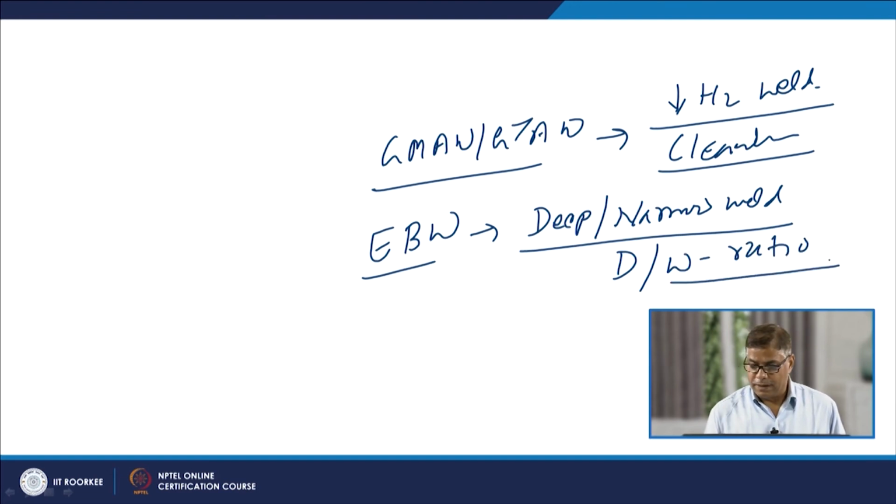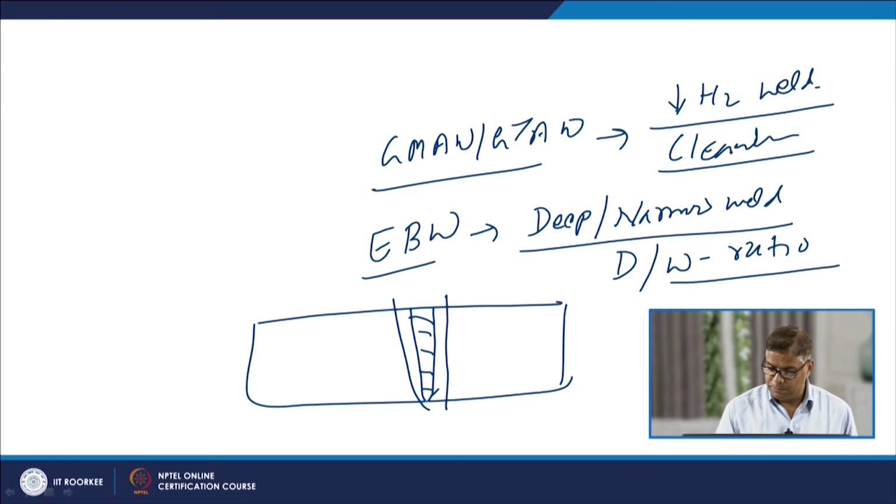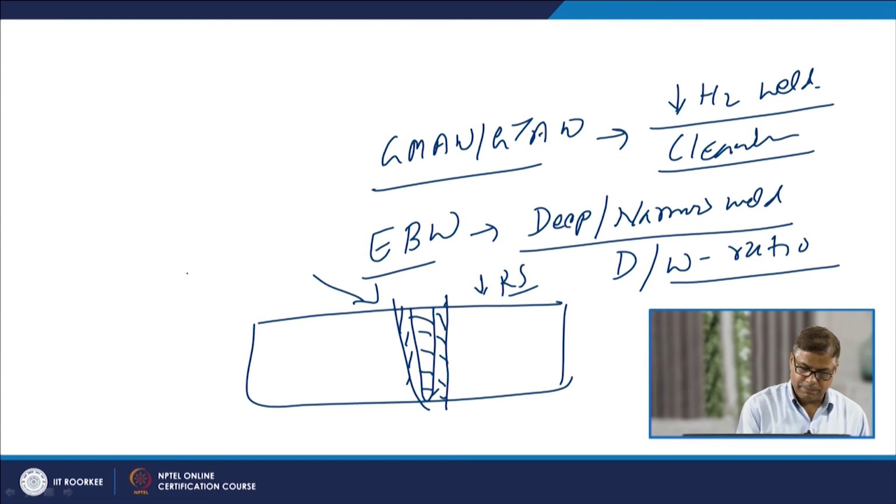As a result, the heat affected zone size is very limited, because we are using very low heat input of high energy density in the form of electron beams. So, we get a narrow heat affected zone and less residual stress development.